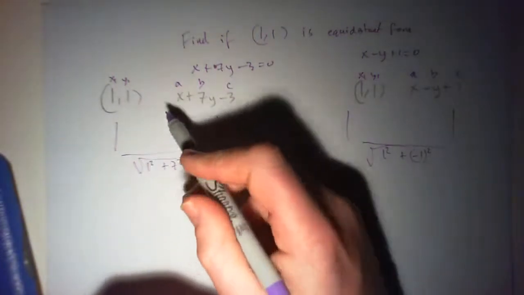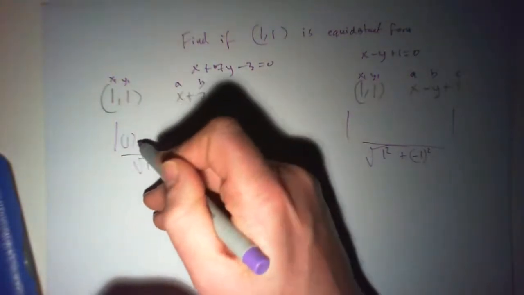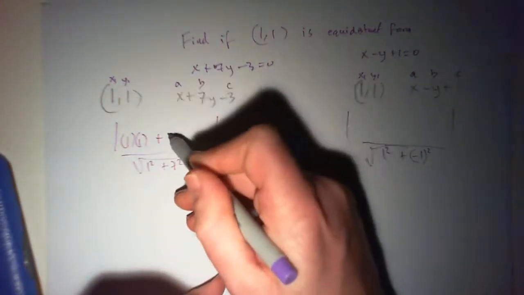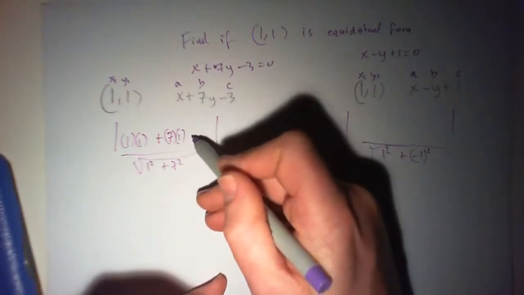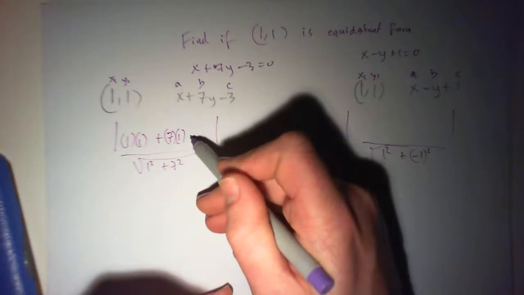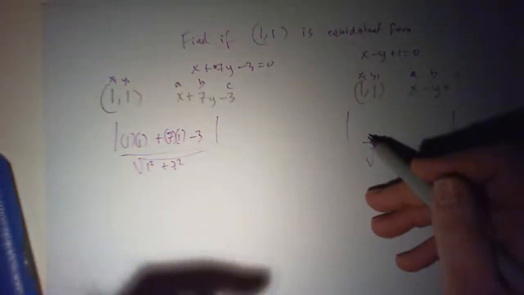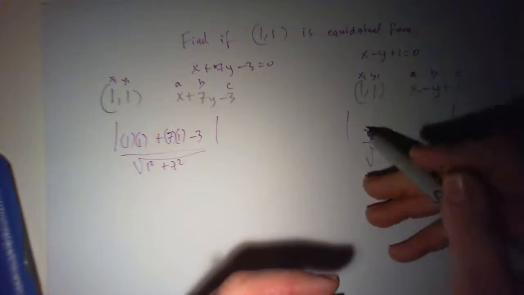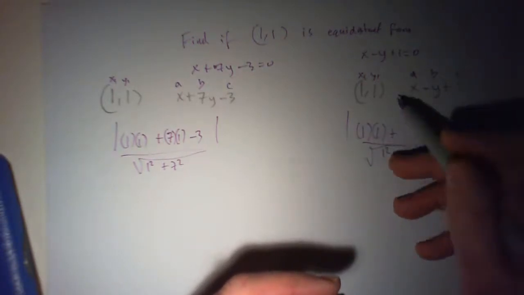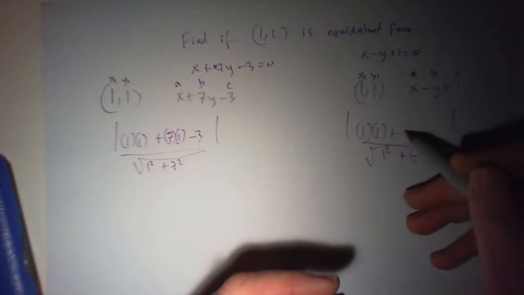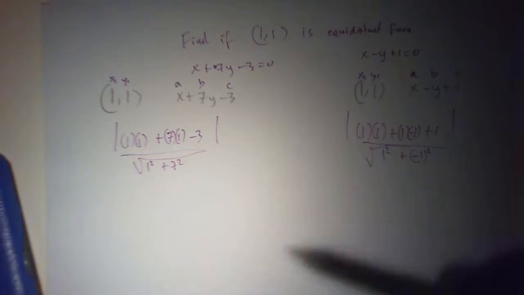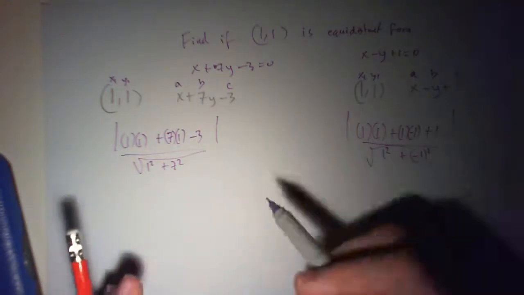It's a times x1, so it's 1 times 1 plus b times y1 plus c. And then on this side, we have 1 times 1 plus 1 times minus 1 plus 1. So it doesn't look the same, but we'll give it a go.